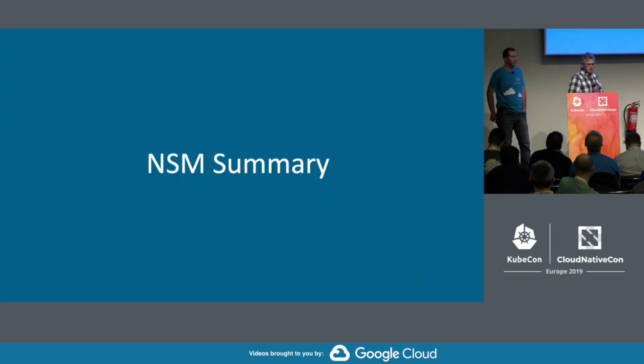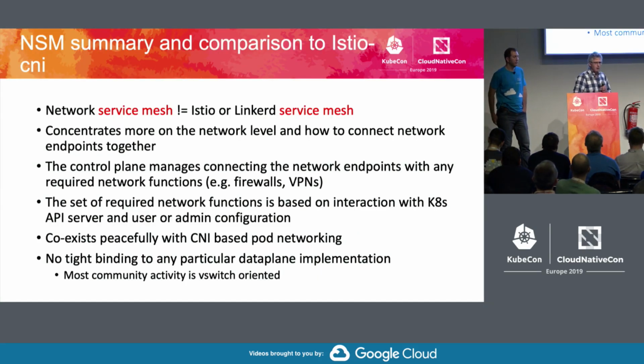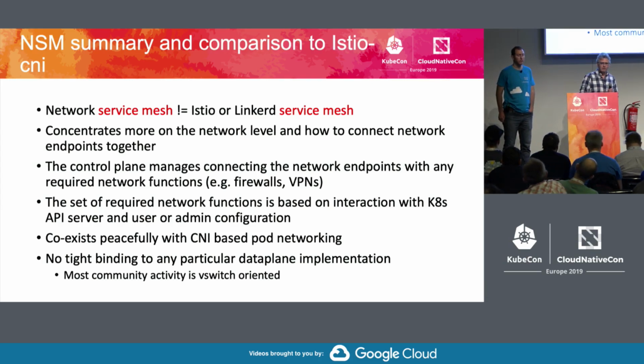So first, a little bit of a summary on NSM. Probably most people have heard about this already this week, so I'll try to go a little bit quick here. But network service mesh is very different from what we sometimes refer to as just service mesh or app service mesh, like Istio or Linkerd.